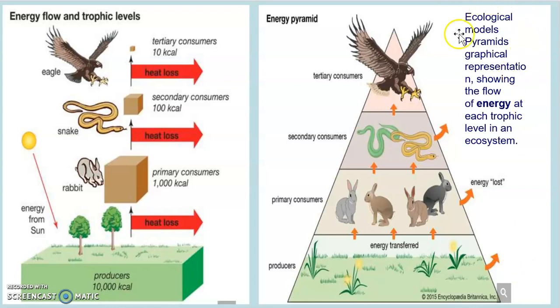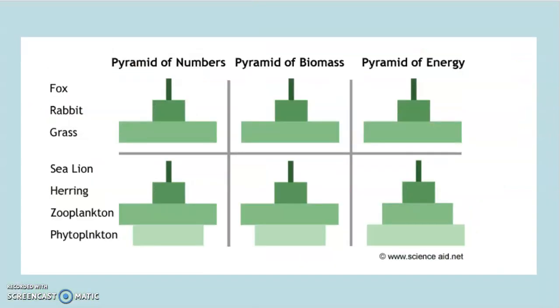So ecological models include pyramids, which are graphical representations showing the flow of energy in the food chain, and it gets lower as you go up the food chain. If we consider this diagram, we can see that there are different pyramids, and the pyramid of energy is the most accurate and the most usable. This one is always going to be pyramid shaped because you're always going to lose energy as you go along the food chain.